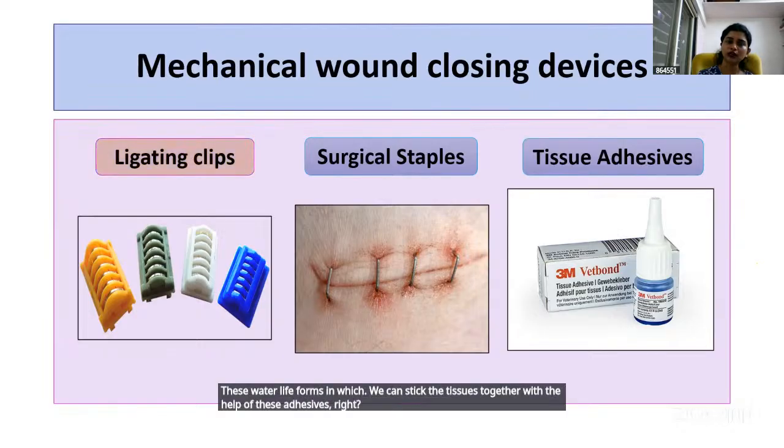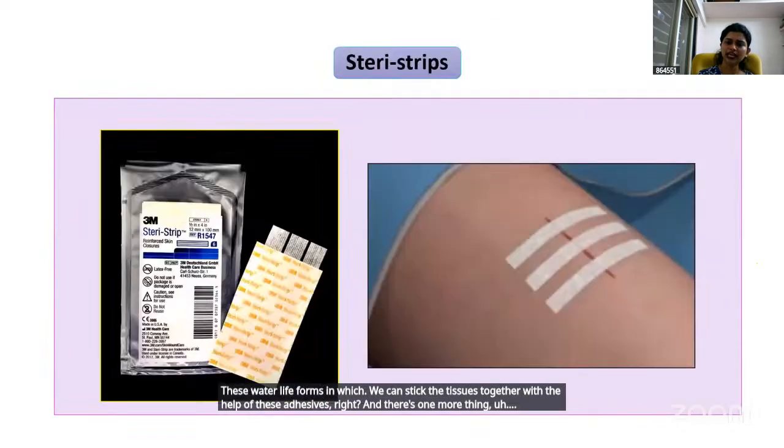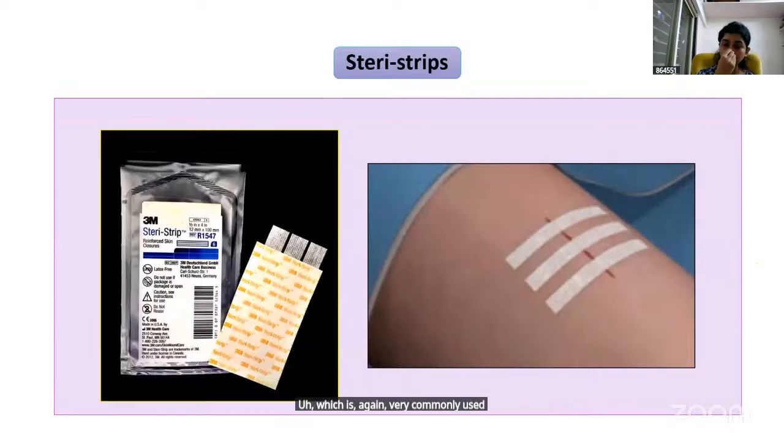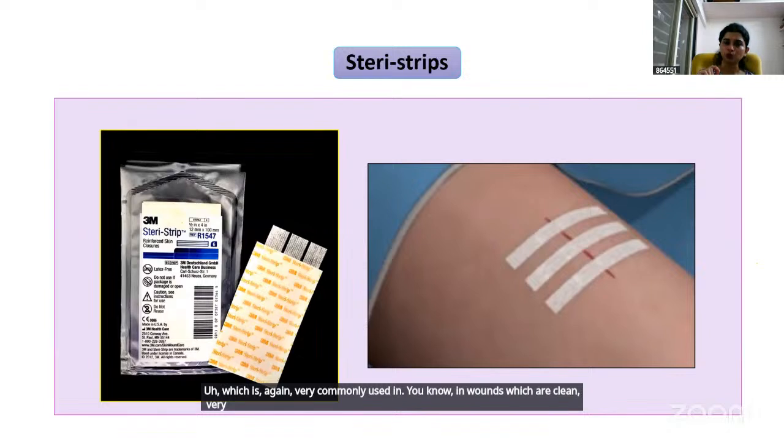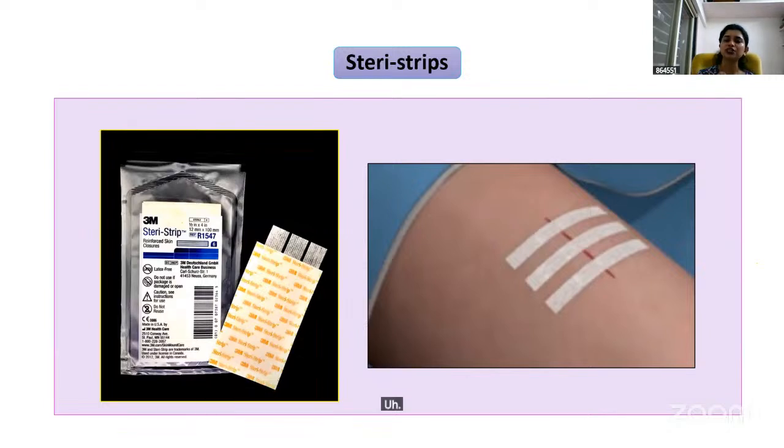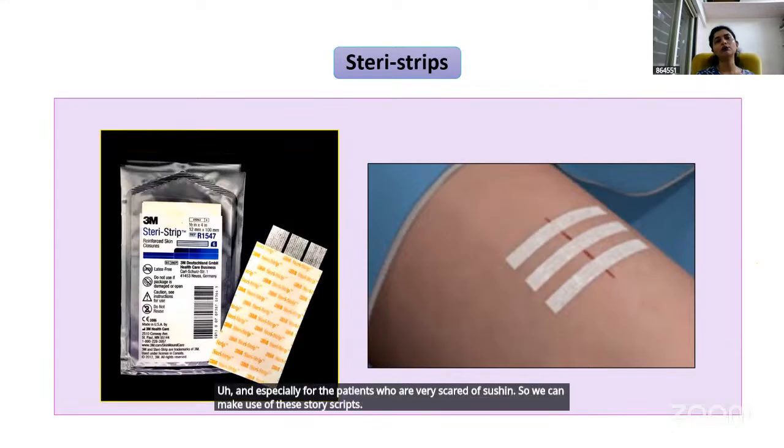And there is one more thing which is very commonly used in clean, very straight wounds, and especially for patients who are very scared of suturing. We can make use of these sterile strips, which are very commonly available.